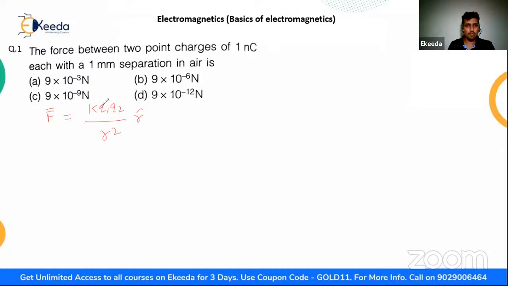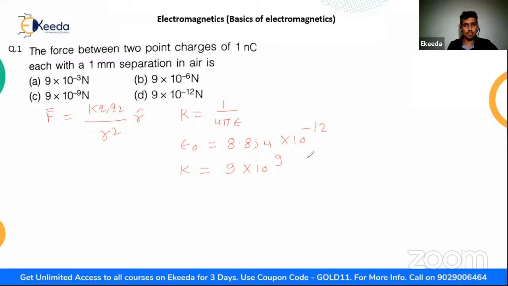K is a constant given by 1 upon 4 pi epsilon. Since the medium given is air, we will take epsilon naught equal to 8.854 multiplied by 10 raised to the power minus 12, in SI units. The value of K is also very standard.